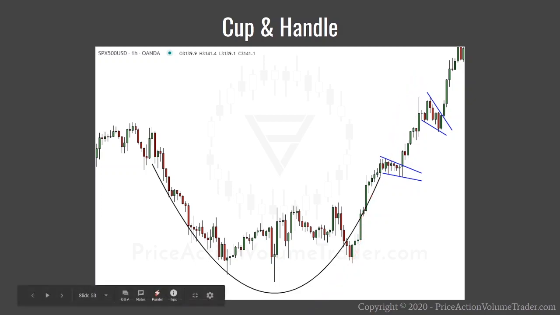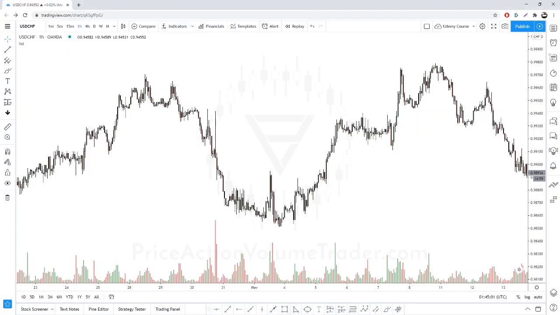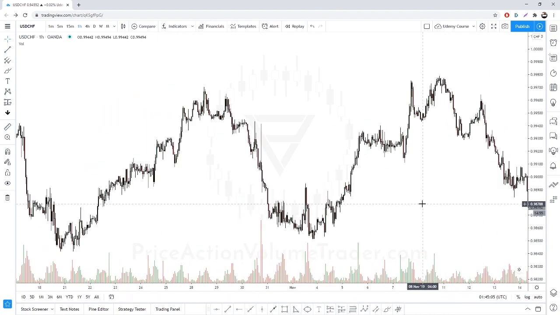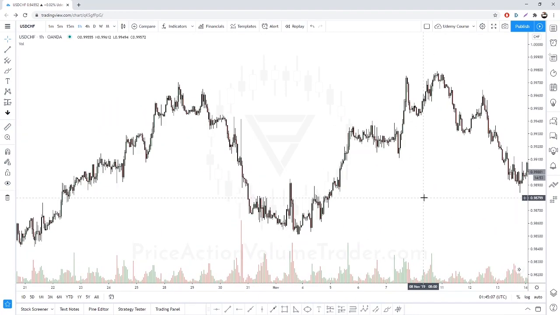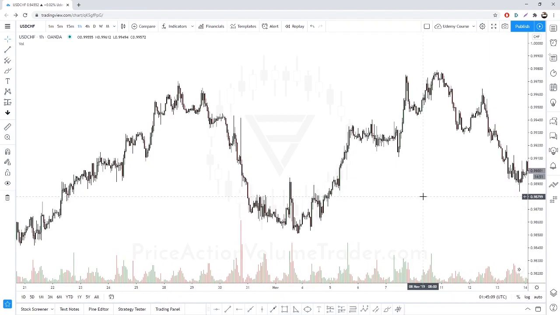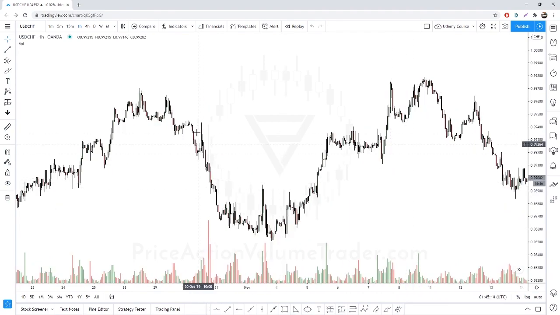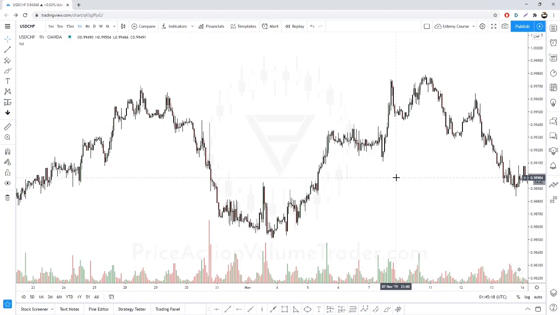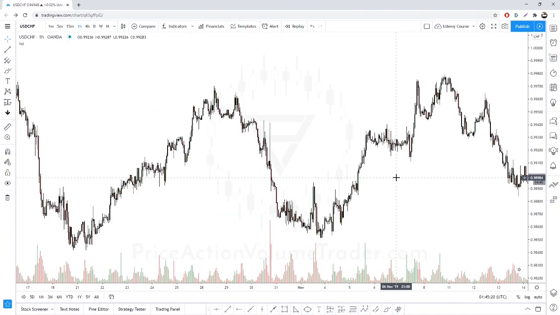Okay, and now let's go into some actual charts to see some examples. I've got 3 examples for you of this pattern. It's a pretty common pattern, and it's the same as I always say with all the other patterns: they may not look perfectly like a perfect diagram, but you sort of get the idea from them.